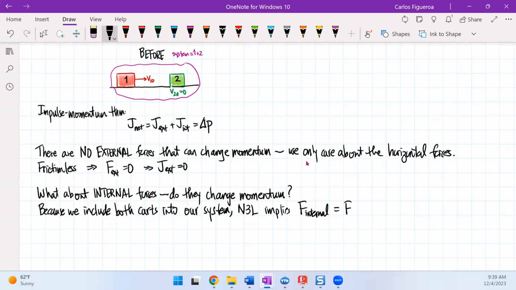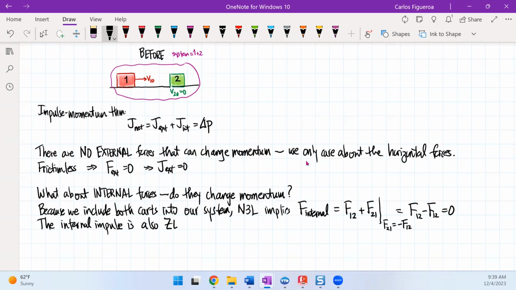There's the force of one acting on two, and then the force of two acting on one. But according to Newton's third law, this is equal and opposite to the incoming force. So in other words, I get that F12 minus F12 is 0. So then this tells us here that the internal impulse is also 0.